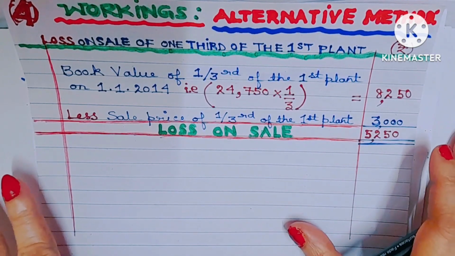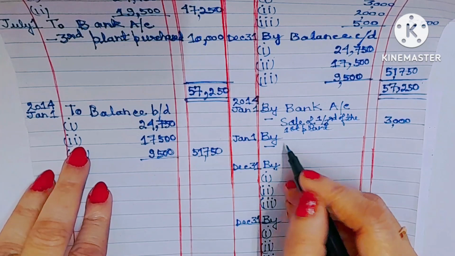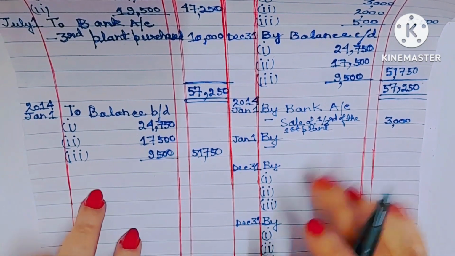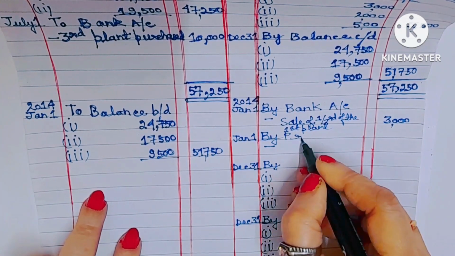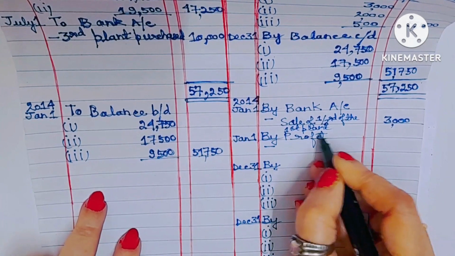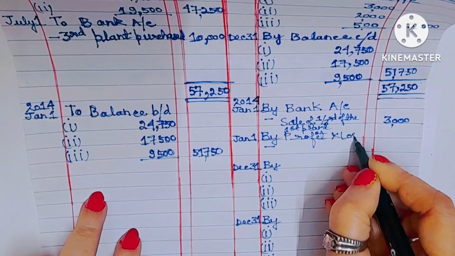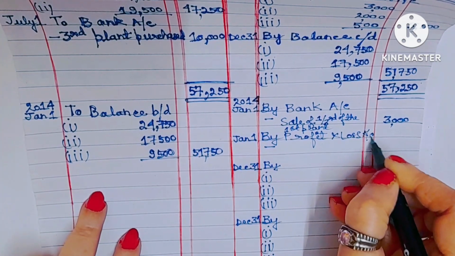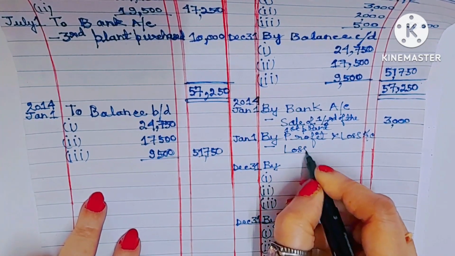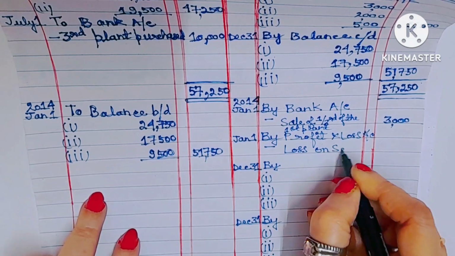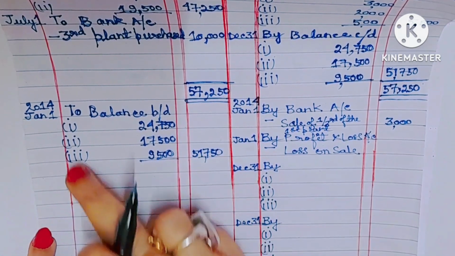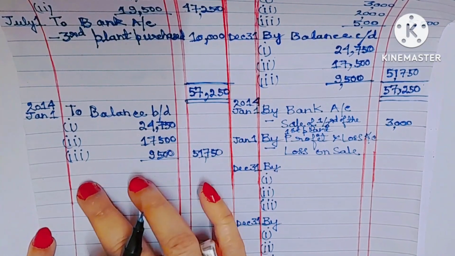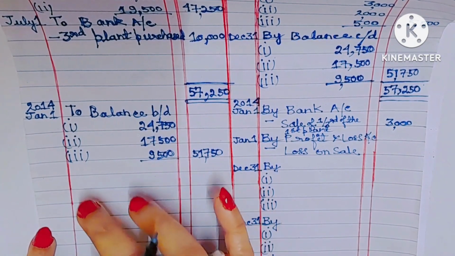Understood? Now let's write. যদি loss on sale হয়, always you have to write on the credit side by profit and loss account. By profit and loss account, loss on sale. যদি profit on sale হতো, we would have written on the debit side to profit and loss account, profit on sale.